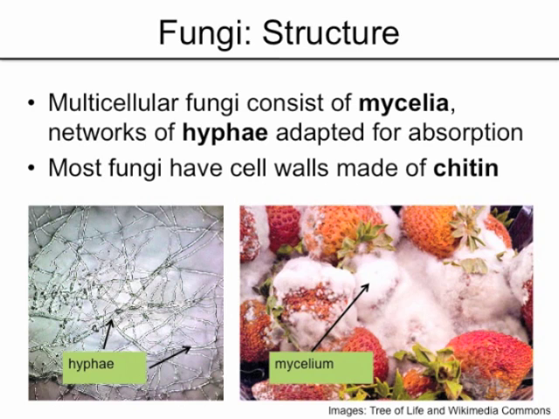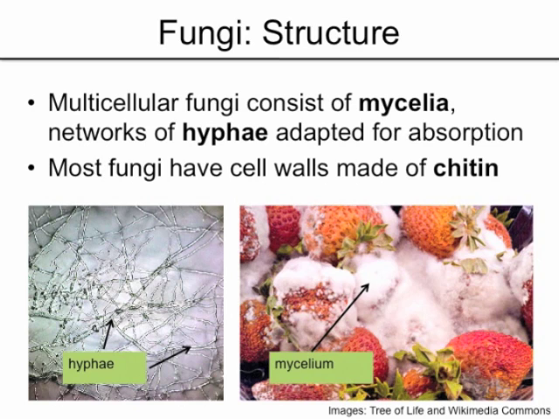Most fungi have cell walls. So just like plants, they have a hard structure that's outside of their cell membrane, but it's made of a protein called chitin. Anyone remember what the cell wall of a plant is made out of? Starts with a C. It's called cellulose. Cellulose, so cellulose fibers.